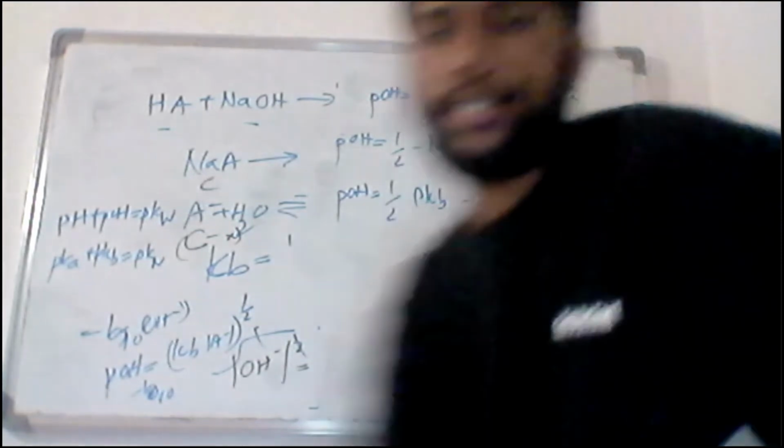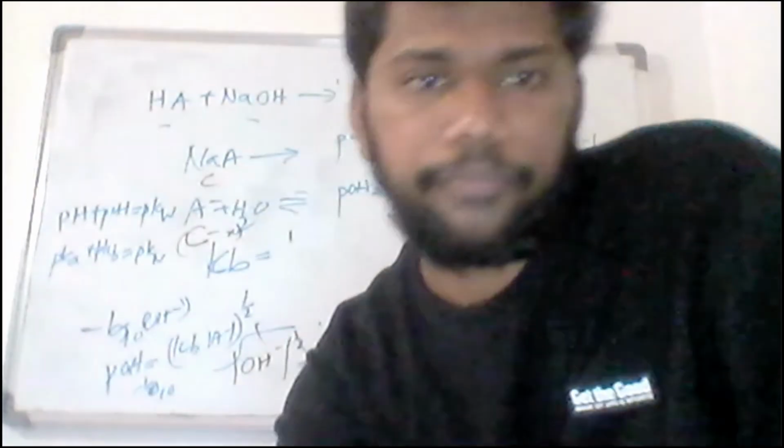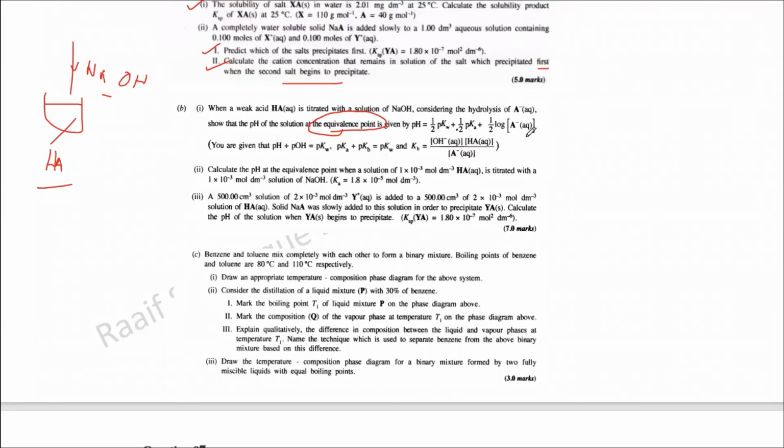Because when you check the expression, I will show you the expression. You have to show this as this one. So we have already this one. In our expression, we have already that, and we have to just change these two. For that, we have this expression. You see this?